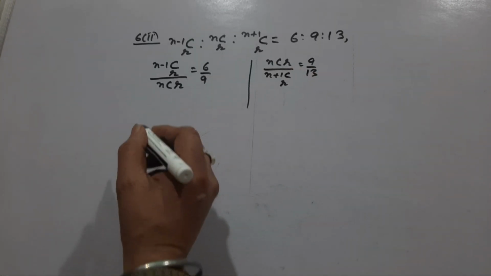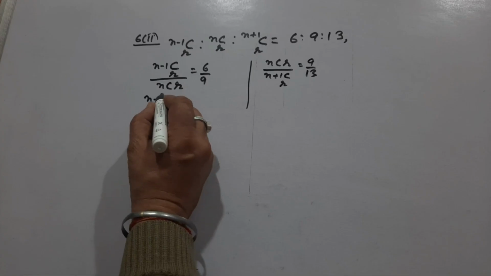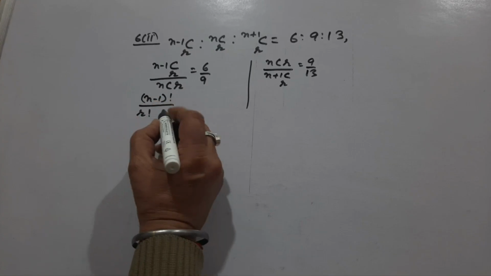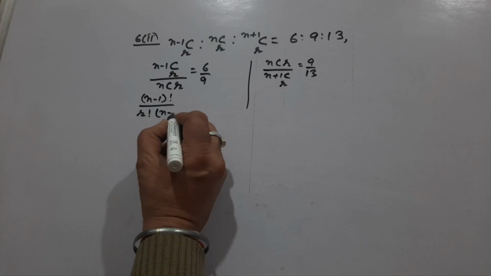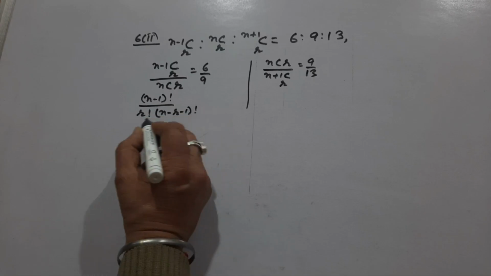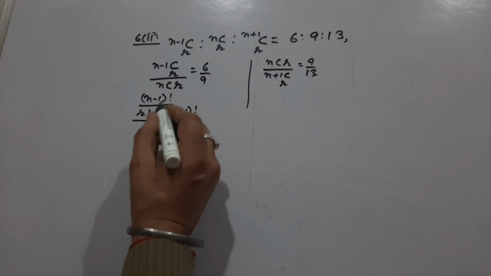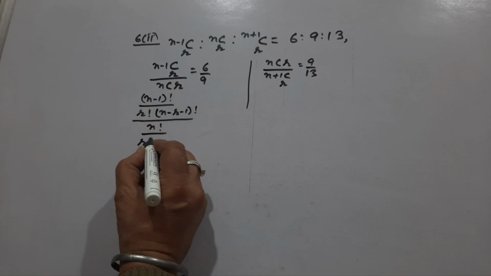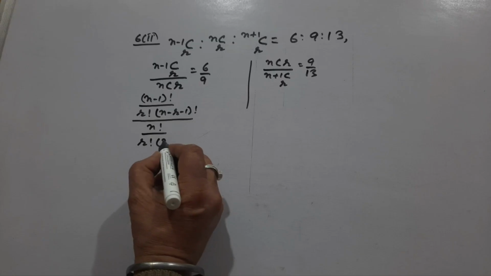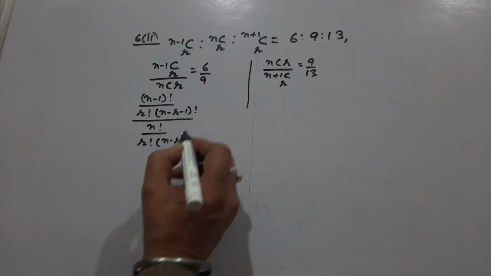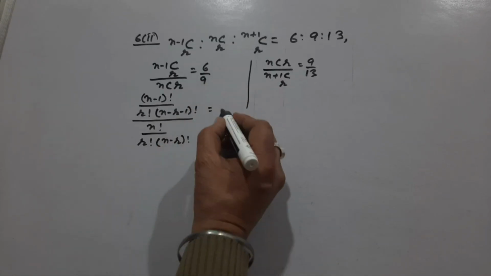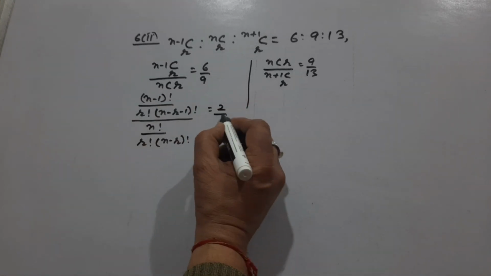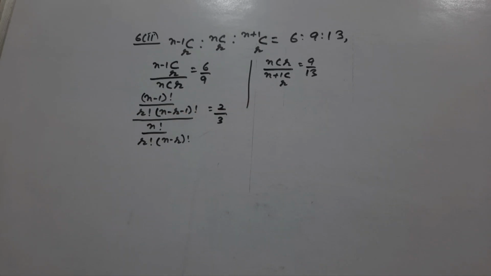Now solving it by using the formula, we can write n minus 1 factorial upon r factorial n minus r minus 1 factorial by using the formula of NCR, and we can write NCR as n factorial upon r factorial into n minus r factorial, and on writing 6 by 9 in lowest terms, we get 2 by 3.